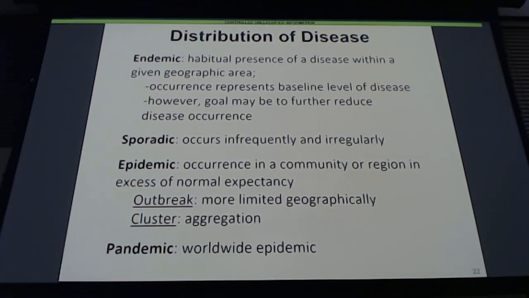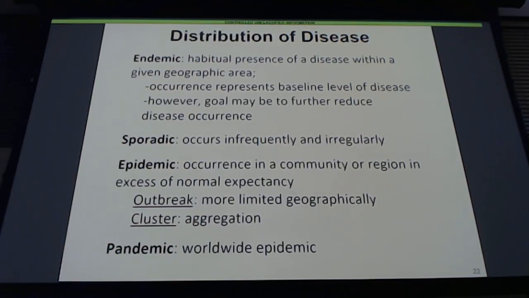Then you have an epidemic, where it occurs in communities or in regions, which is probably a little bit better for terminology's sake. Epidemic is for regions of excess of normal expectancy. They have outbreak and cluster there. What we need to know with epidemic is that it occurs in two forms. It occurs as an outbreak and it occurs as a cluster.